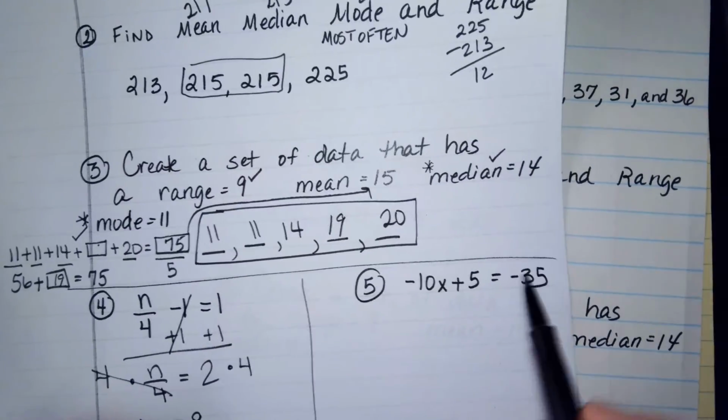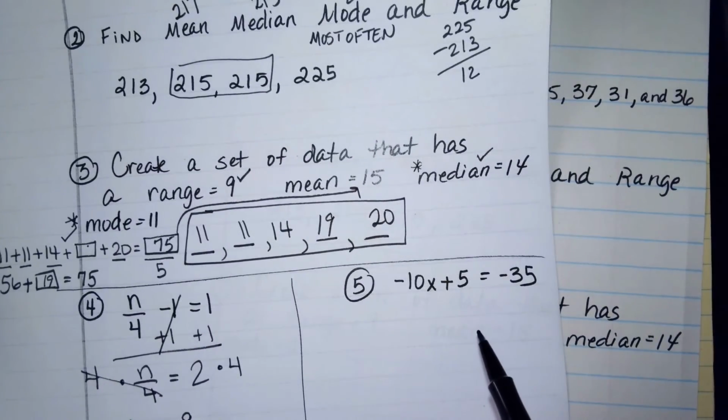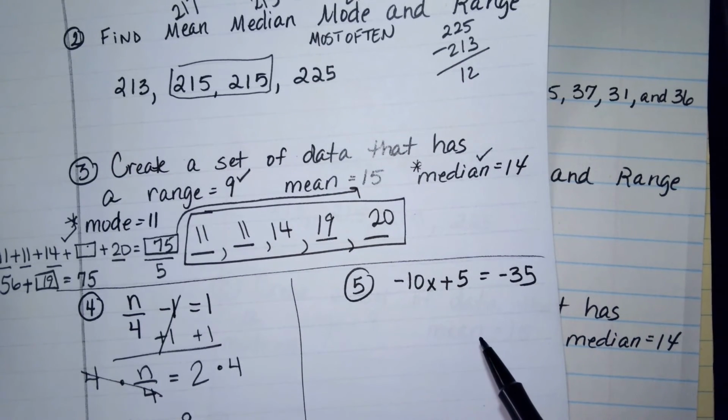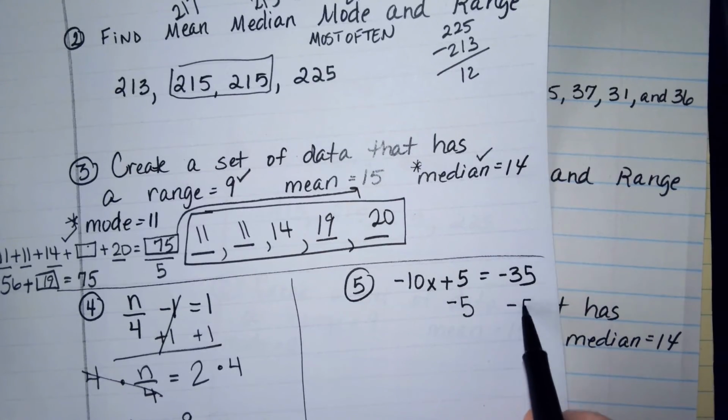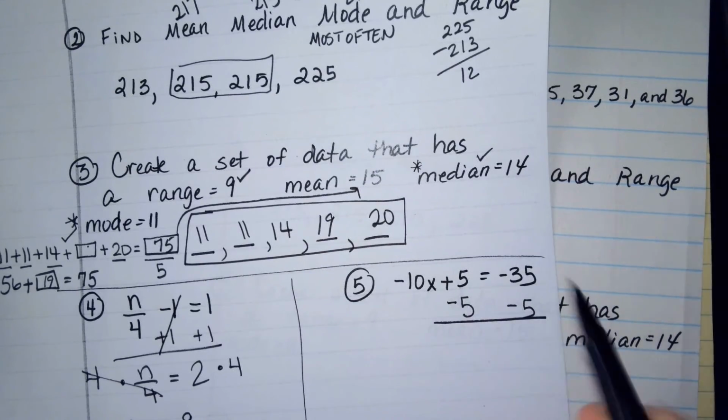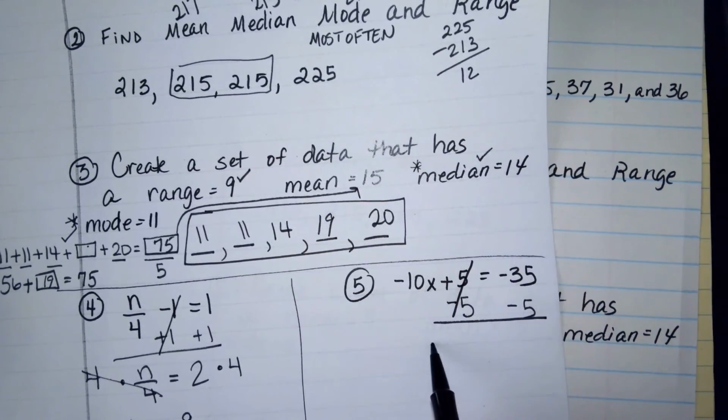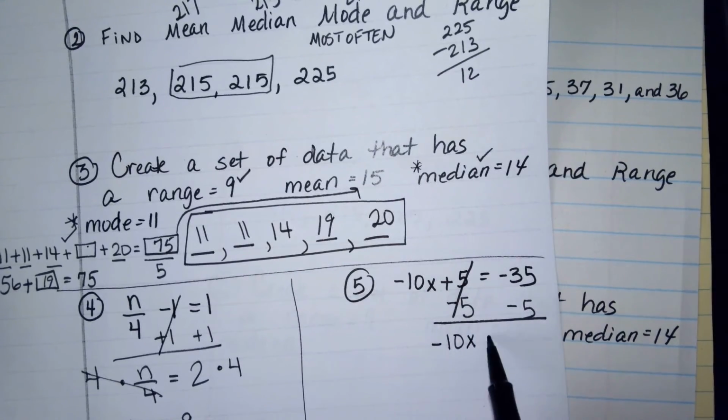Okay. Number 5. First step in number 5. Nasia? So this gives me negative 10x equals negative 40.